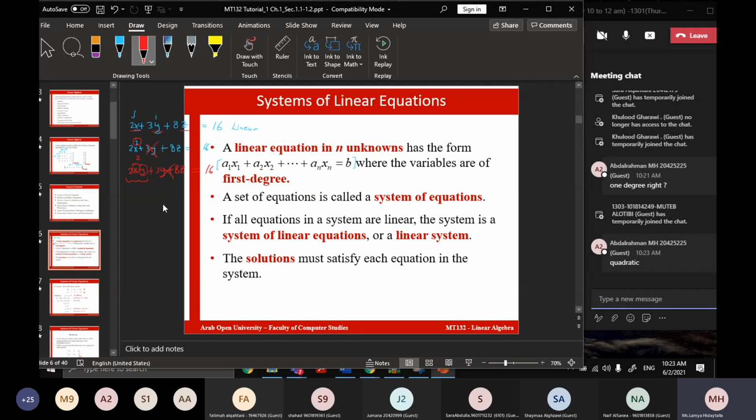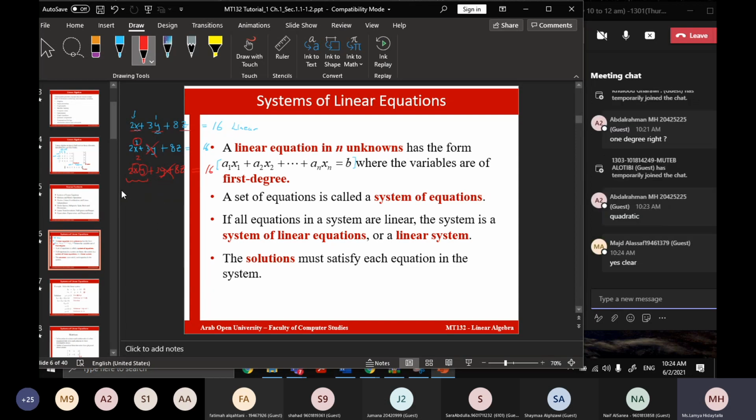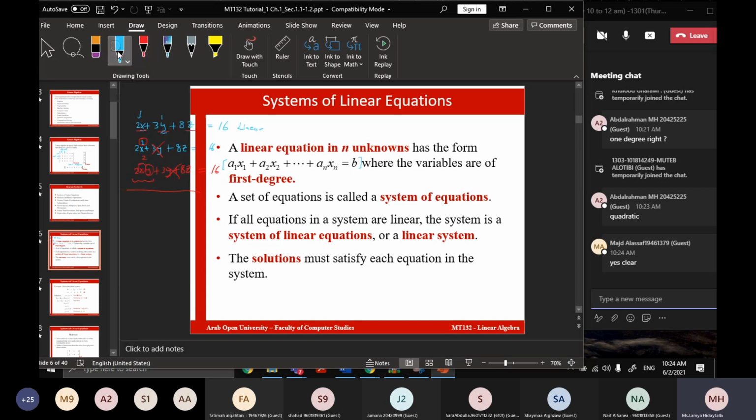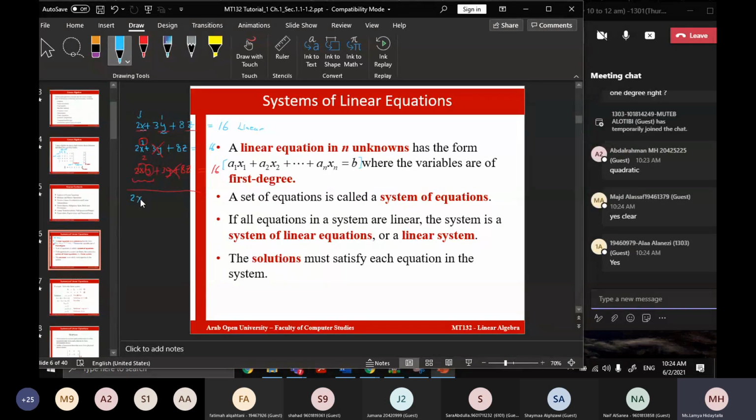So is it clear what we mean by a linear equation? And it could be in any number of variables. This same equation we can also write like that: 2x1 plus 3x2 plus 8x3 is equal to 16. This is a variable, and this is another variable. The name is different. So I can call it X, Y, Z, U, V, W, any letter, or a variable can take the name X1, X2, X3.